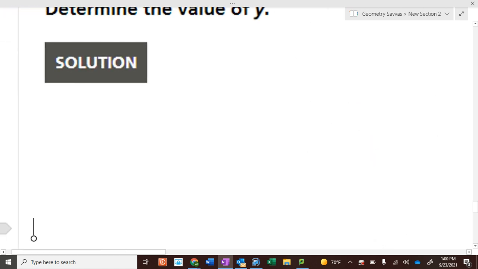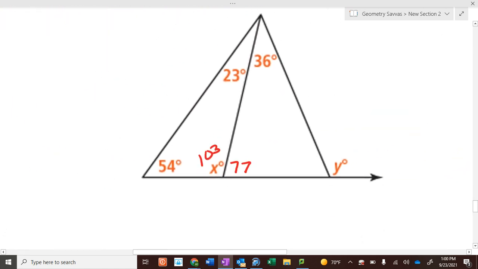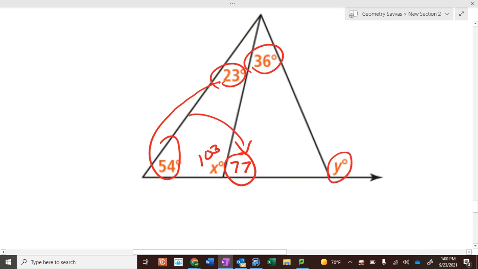Also, it's the exterior angle here. So if you add these two together, it makes 77. So if this is 77 and this is 36, what's this exterior angle? What do you do with 77 and 36? Add them. So 30 and 70 make 100. 7 and 6 make 13. So it's 113. There we go.